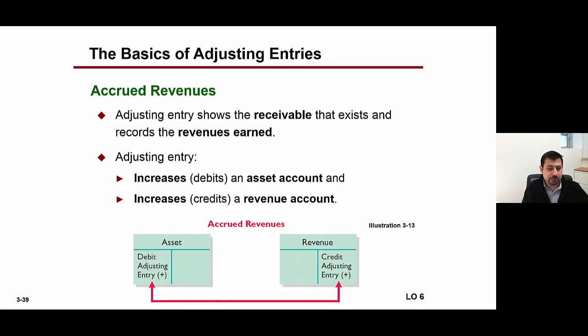We increase the asset by debiting it, and we recognize the revenue and increase the revenue by crediting the revenue account. Here too, revenues were understated because we hadn't recognized this revenue until the adjusting entry. As a result, the net income also was understated before the adjusting entry.